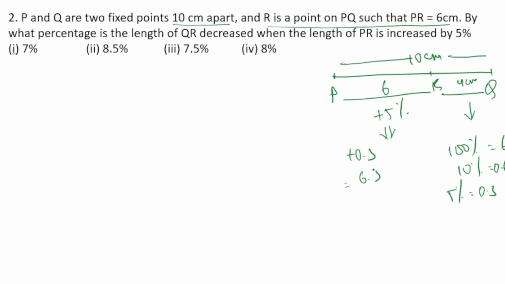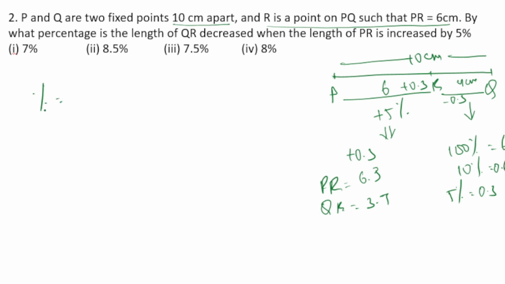So it is 6.3 centimeters. PR is 6.3 centimeters. And QR is 4 minus 0.3, because PR increased by 0.3, so QR will decrease by 0.3. It is 3.7. So how much percentage is QR reduced?